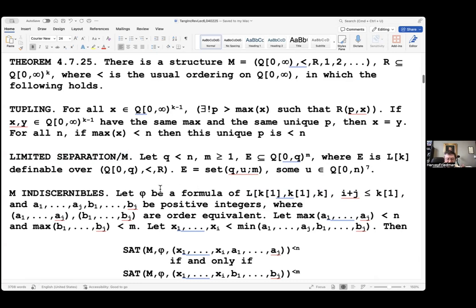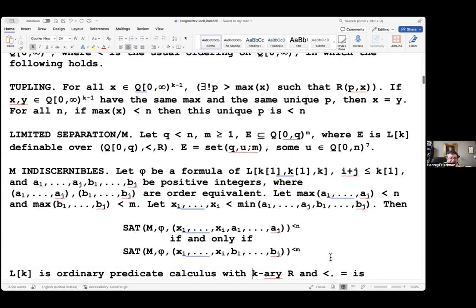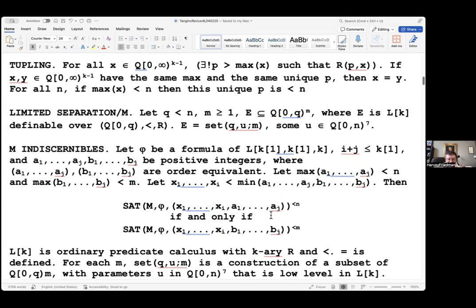All right. So given a formula in this finite language, and I have two sequences of indiscernibles that I'm using, and they're order equivalent. The indiscernibles are these positive integers in the structure. And then I have any parameters below, these are rationals, of course, parameters below that, we have equivalence with the statement. The statements are equivalent. And I can even move the top, less than n and less than m.